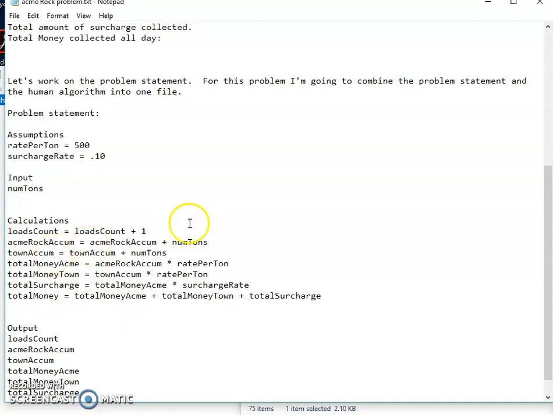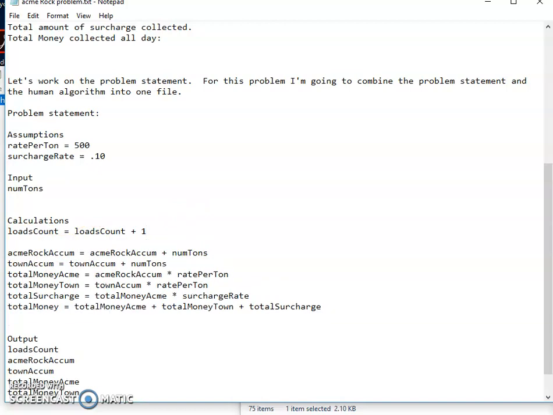So we're going to have to make a decision. After we count the load, because it doesn't matter what kind of company it is, the loads are all counted. We're going to say that if load vendor equals acme, then we're going to do this accumulator.